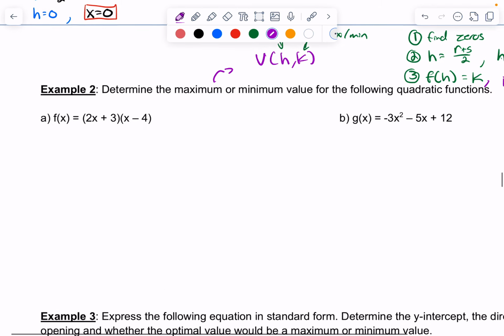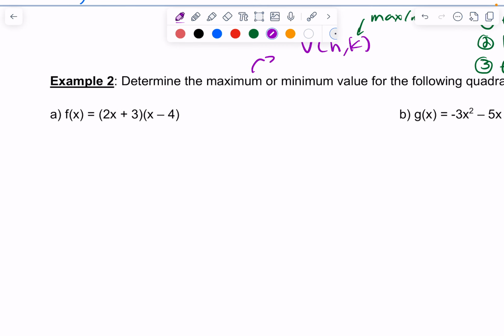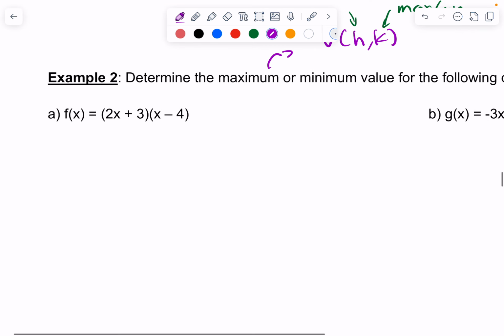So let's look at part A. Right off the bat we notice that we have a positive 1 right in front, or just simply a positive a. So we know in this problem, a is positive. So our graph would look something like this, generally, meaning that it will open up.